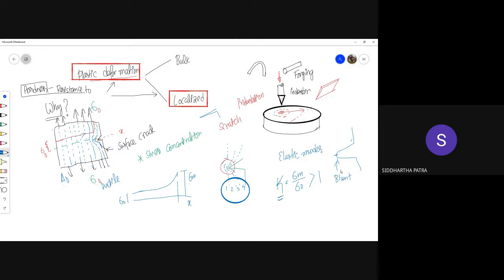This, however, is practically absent in a brittle material, because brittle materials cannot have substantial plastic deformation. Once there is a stress concentration, and the maximum stress reaches a certain value, this crack starts propagating.